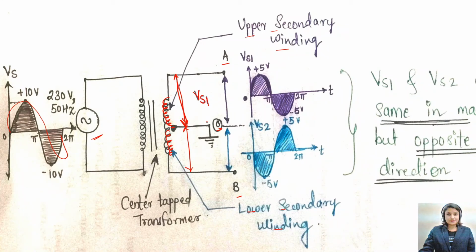So how will these voltages be? See here, I consider an AC supply of plus 10 volts and minus 10 volts. So the voltage in the upper secondary winding and the lower secondary winding, if you see, their magnitudes are the same.